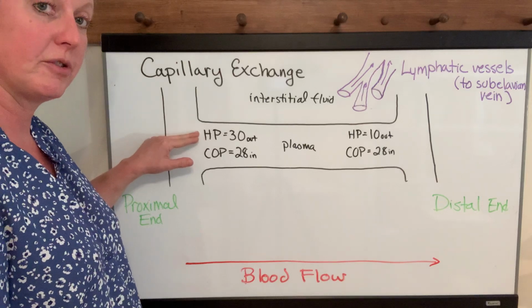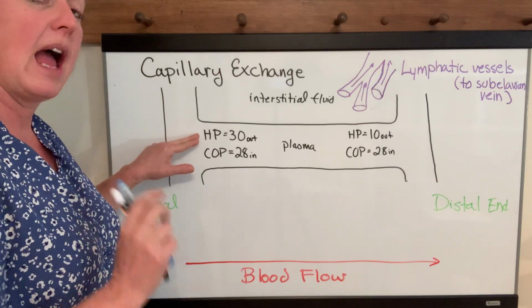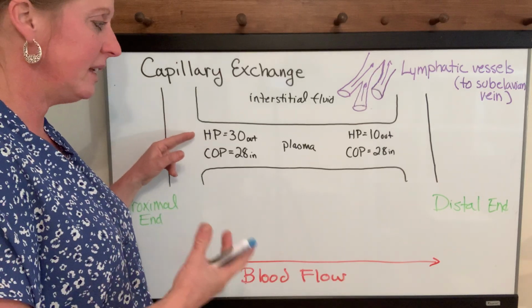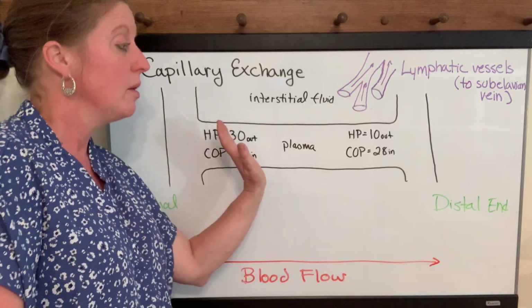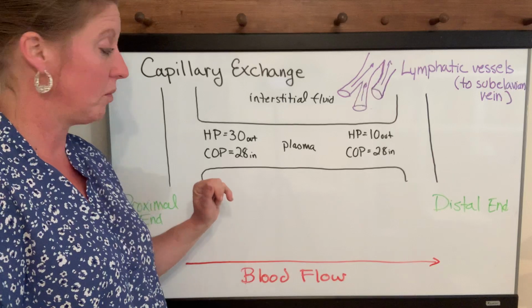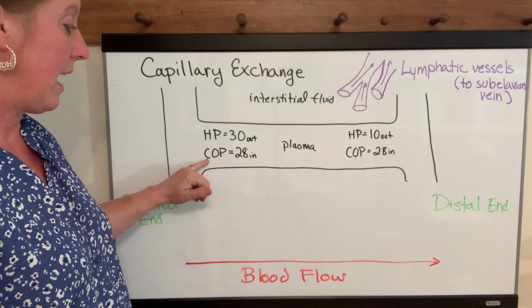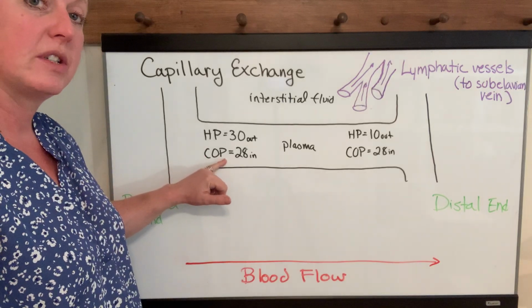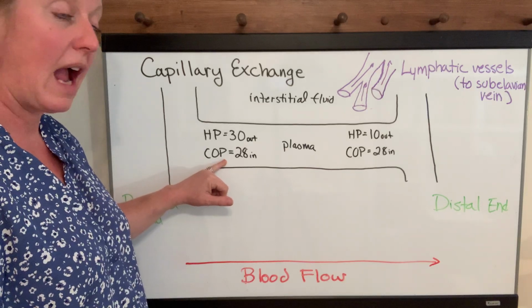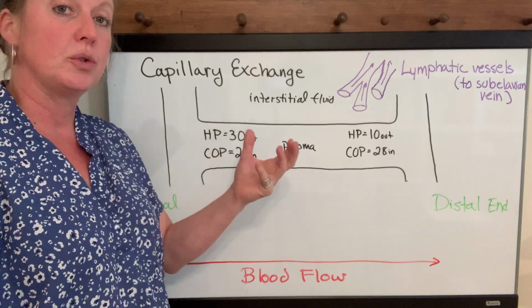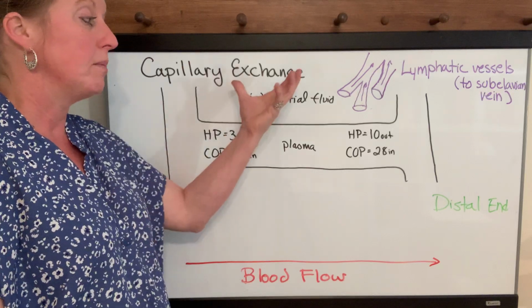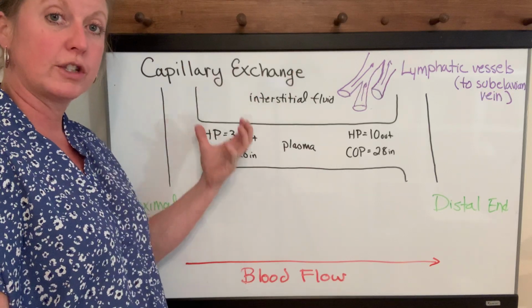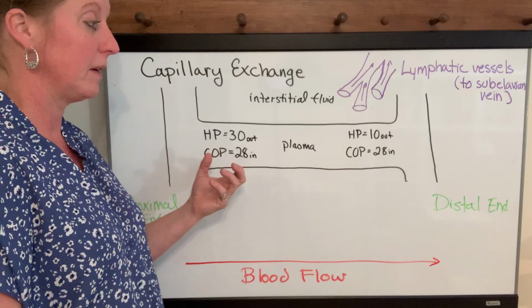This top one is hydrostatic pressure, which is an outward pressure. It is the pressure due to the volume of plasma inside the vessel pushing out against the capillary wall. We also have colloid-oncotic pressure, which is an osmotic or an attracting pressure. It's due to the solutes, especially albumin and sodium, pulling water into, or attracting water into, the plasma.